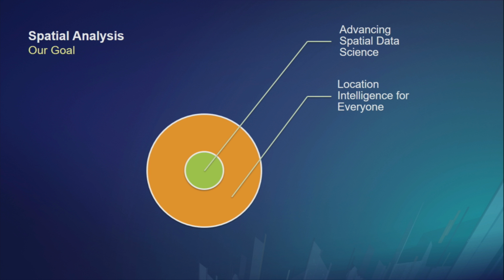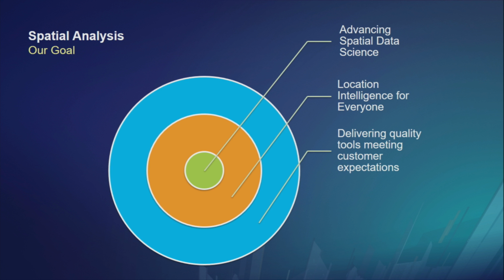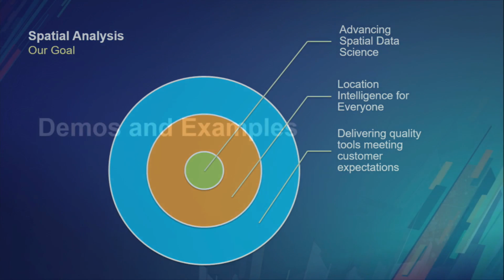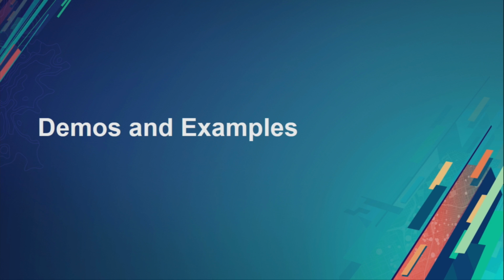We want to make complex things simple so that more people, everyone in the organization, can perform data-driven analytics. Of course, it's always our goal to deliver a quality product, more stable, with better performance. With that, I'm going to pass it over to Vicky to start showing you different examples.